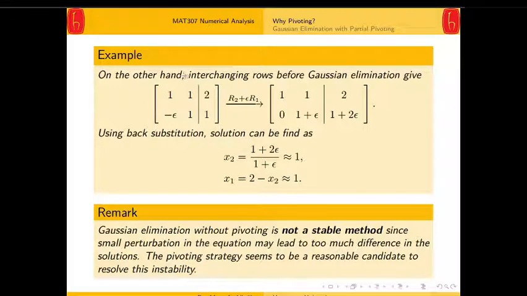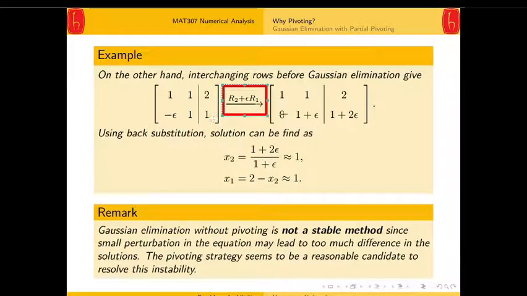If we perform row swapping, we get to this point, and then we can multiply the first row by epsilon and add the result to the second row, just like we introduced here.